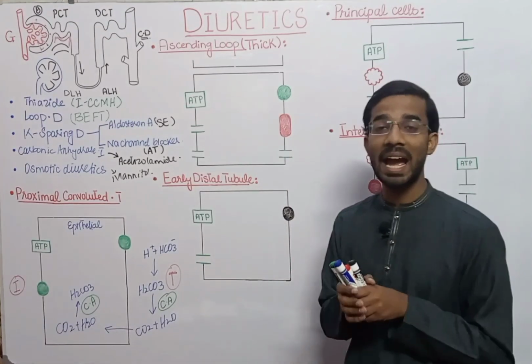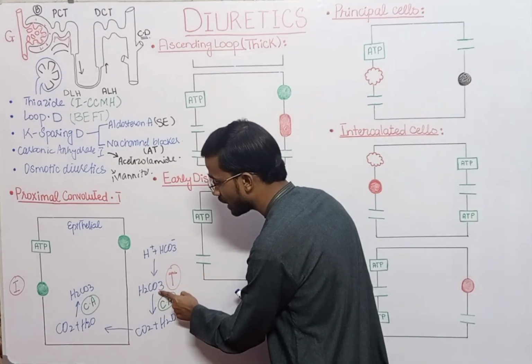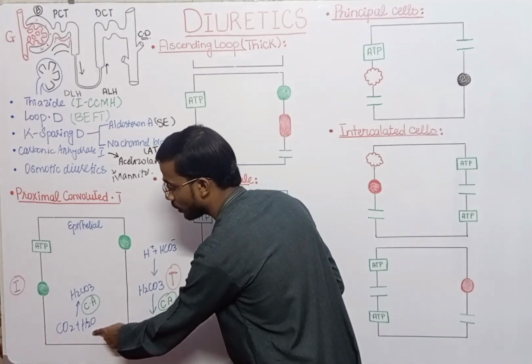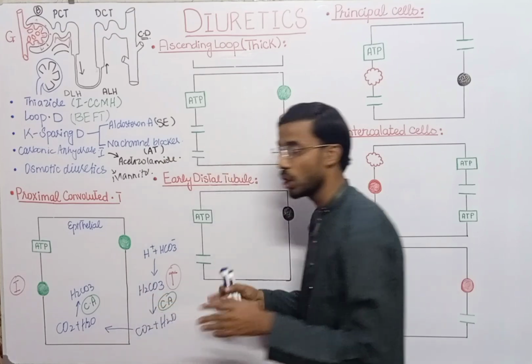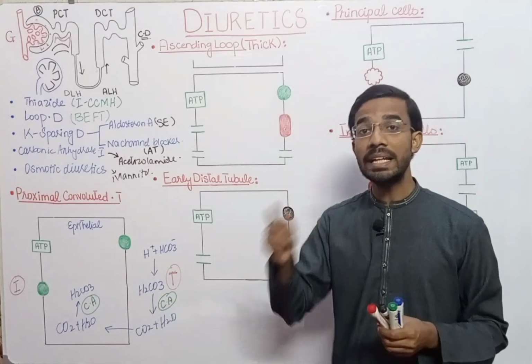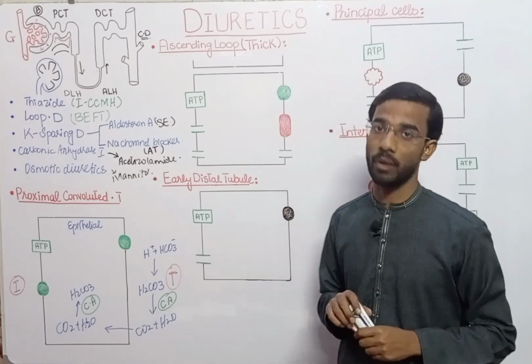So carbonic anhydrase is involved in the interconversion of carbonic acid to carbon dioxide and water, and carbon dioxide and water back to carbonic acid.